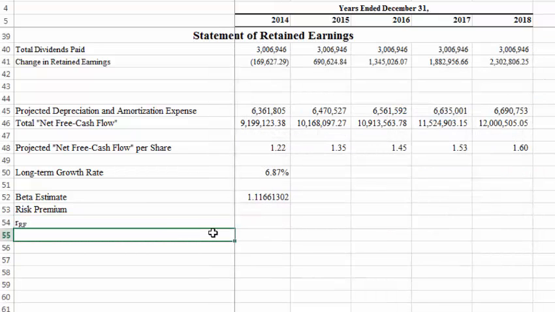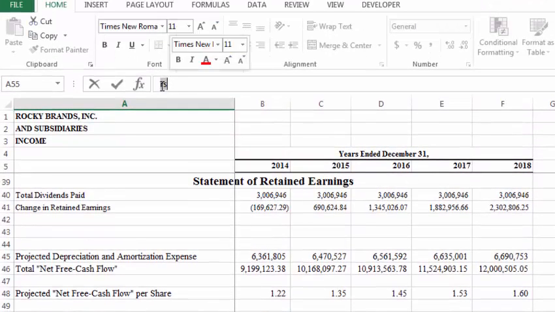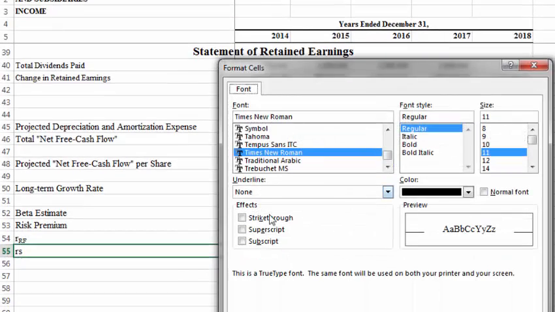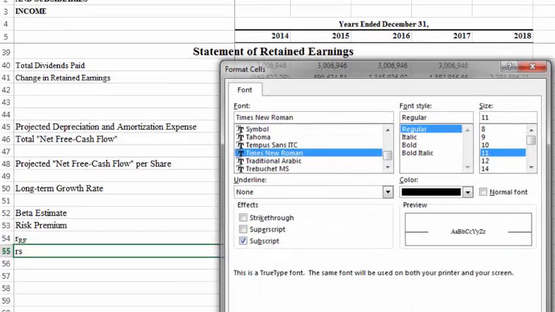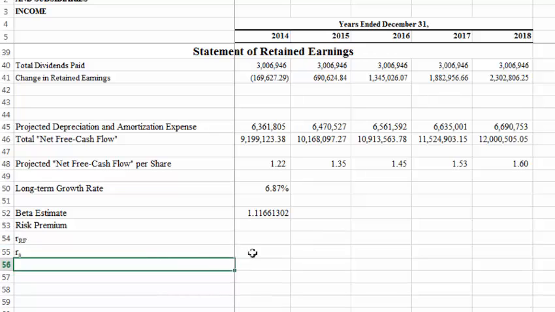And then I'm going to look at RS, because I'm then ready to look at RS. So let me grab my S, just the S, thank you very much. And we'll subscript that one as well.